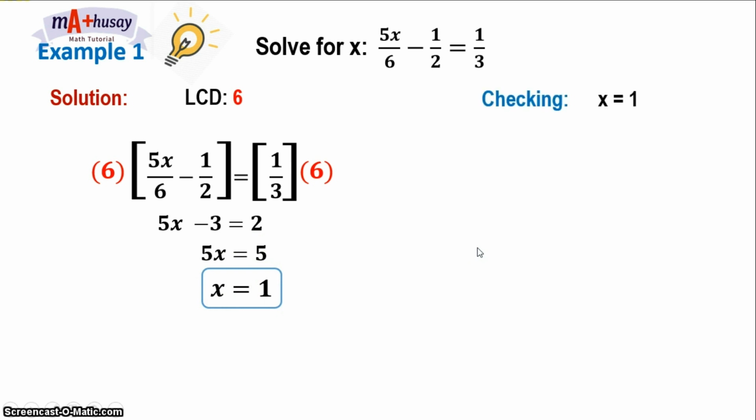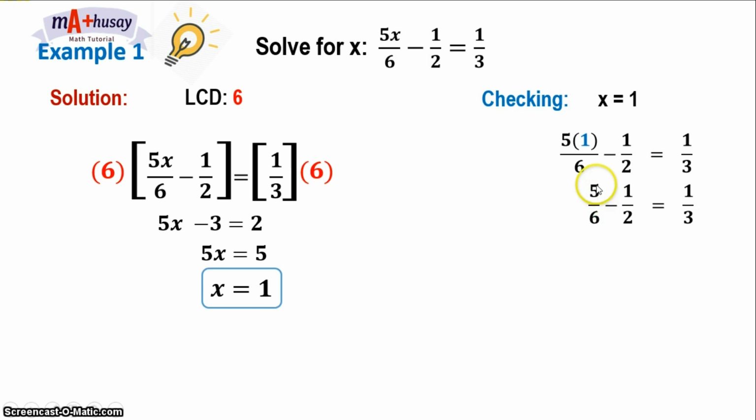So, when x is equal to 1, isa-substitute natin siya sa original equation. So, we have 5 times 1 over 6 minus 1/2 equals 1/3. So, i-check natin kung equal ba siya sa 1/3. So, 5 times 1, that's still 5 over 6 minus 1/2 equals 1/3.